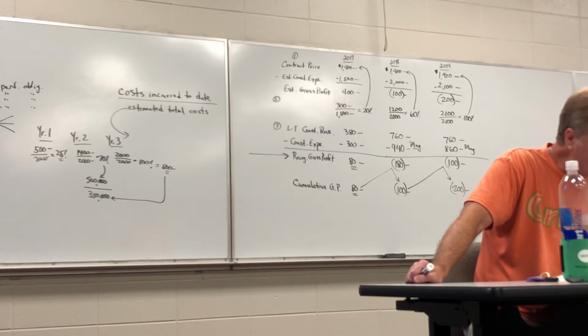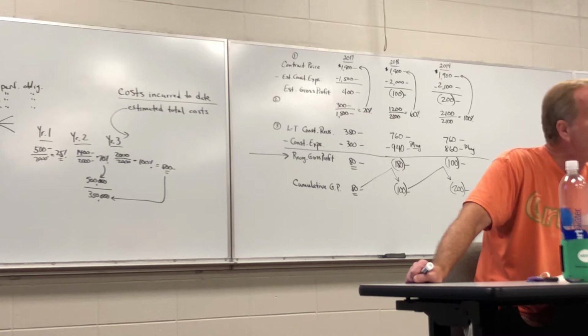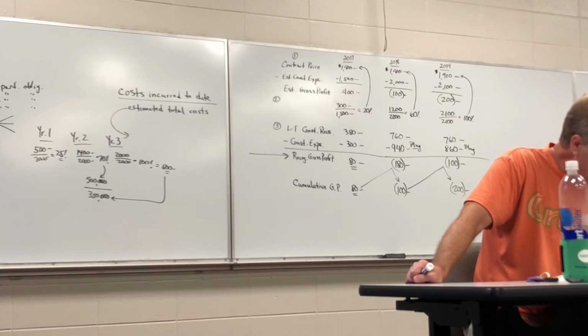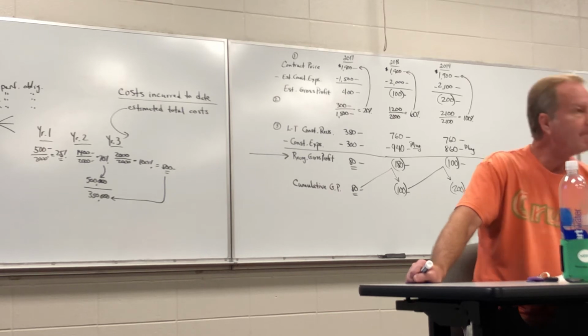So cost incurred to date at the end of year two is $1.8 million, plus costs we think we're going to yet incur are $600,000. So now we're thinking our total costs are going to be $2.4 million, right? In its income statement for the year ended December 31, year two, what amount of gross profit should be reported?